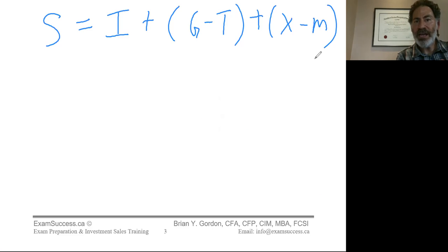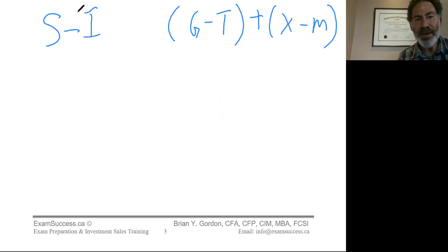So this could also be written as savings minus investments is equal to, on the right side, the government deficit and the trade balance. That's the way you may see this.